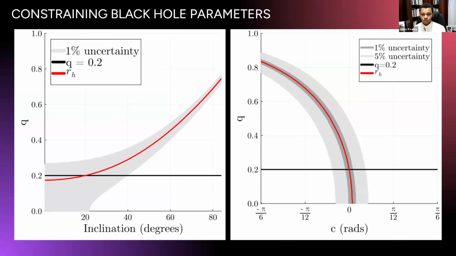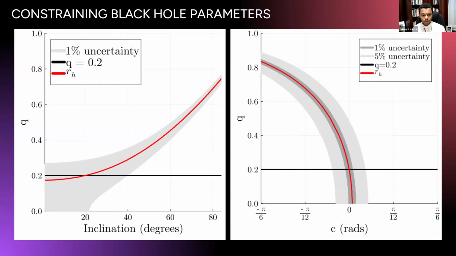So where these two lines intersect is going to constrain the parameters that produce the actual physical image that we are seeing. So as we can see on the left, the two lines cross at a charge of 0.2, which we expect because of the critical curve, and an inclination of about 20 degrees.